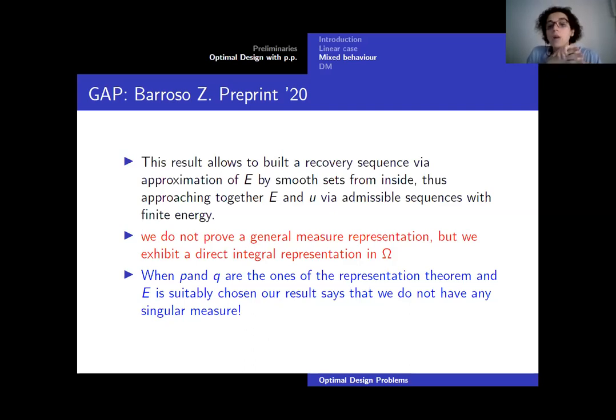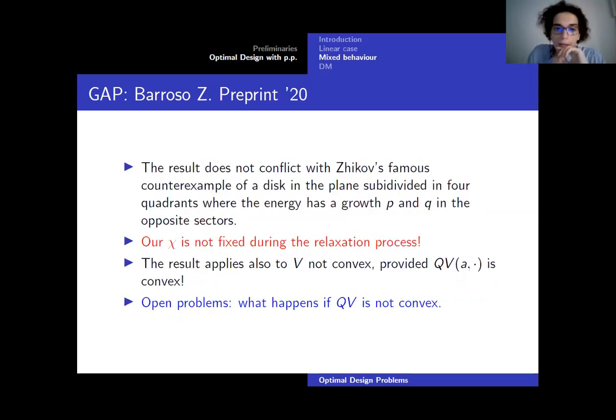And this is the first desired result, obtained essentially by proving a double inequality between lower bound and upper bound, and then a measure representation, which of course holds provided that p and q are in between n and n-1.